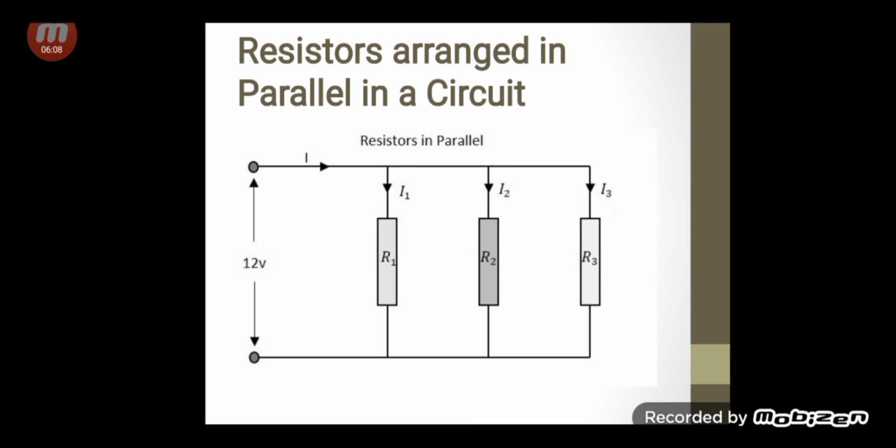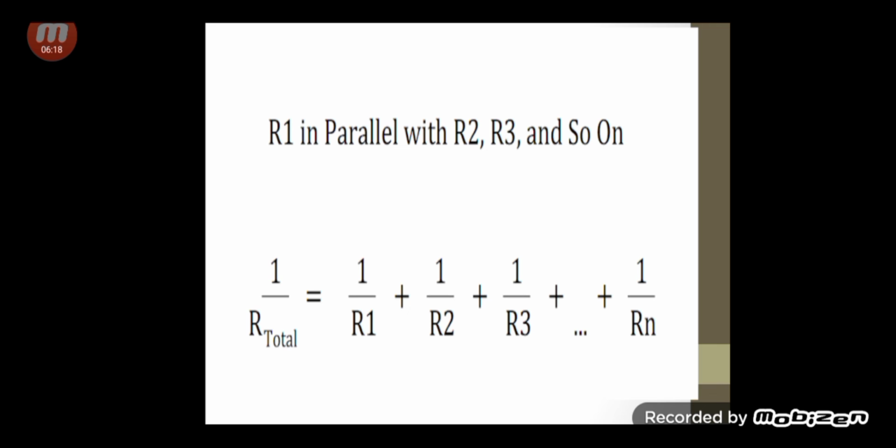When resistors are arranged in parallel, they have more than one path, like you can see in this circuit diagram, so opposition to the flow of charges will be low. The formula for calculating the total resistance of resistors arranged in parallel is 1 divided by R total equals 1 divided by R1, where R1 is the first resistor, plus 1 divided by R2 plus 1 divided by R3 and so on.